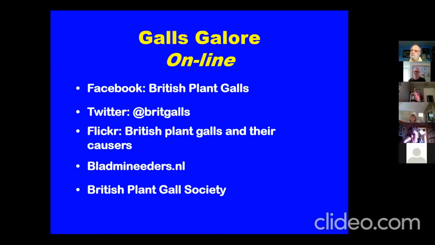Galls have got commercial importance from a positive point of view. They were widely used in the tanning industry because oak galls in particular concentrate tannins in the gall tissue, and that's why marble galls were introduced to this country.